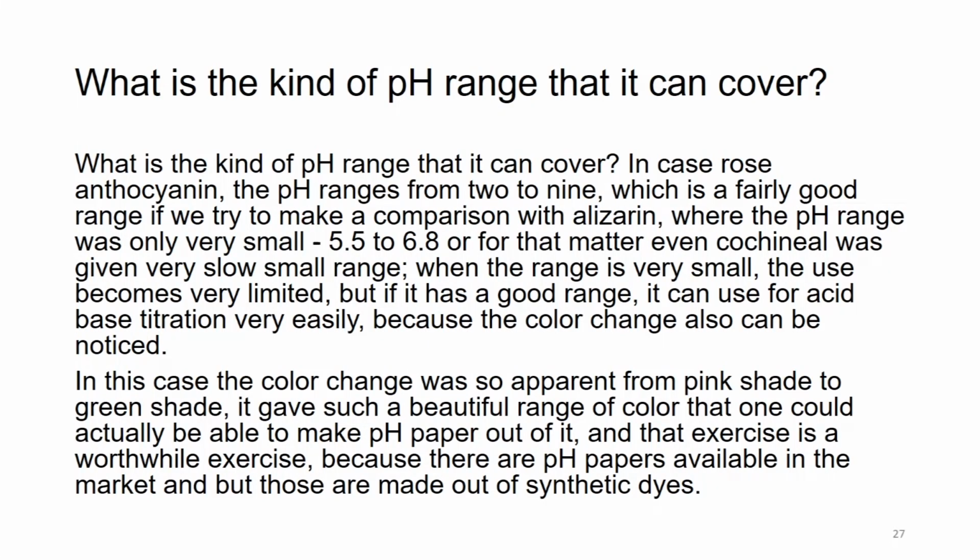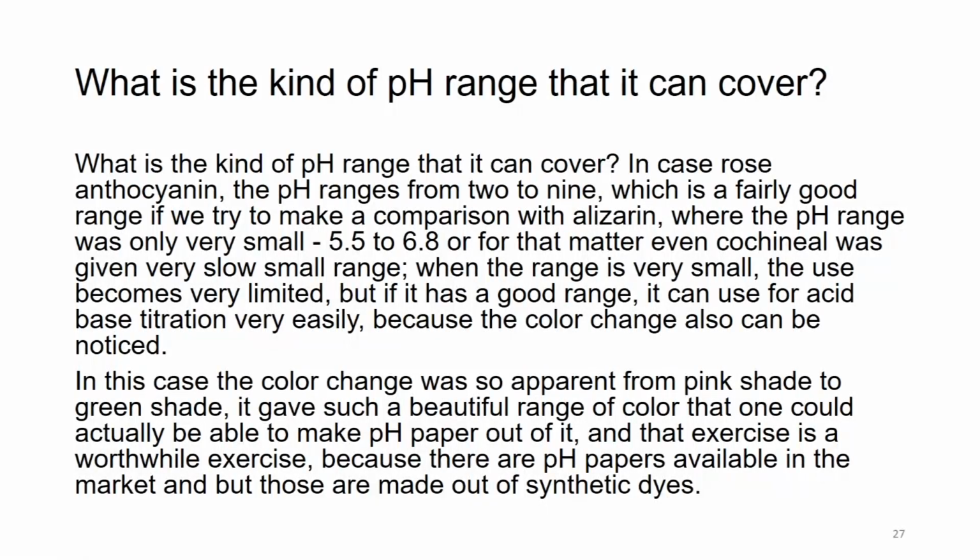What is the kind of pH range that it can cover is the next answer, because we have seen that in the case of alizarin the window was very small, 5.5 to 6.8, which does not serve a big purpose. Now the question is, if we want to use it like phenolphthalein or that kind of pH indicator, what is the kind of pH range that these anthocyanins can cover?